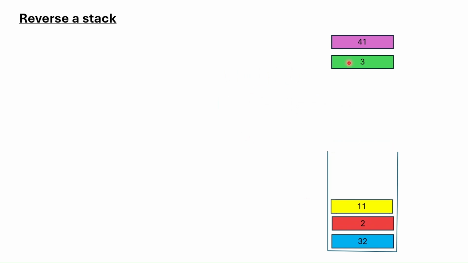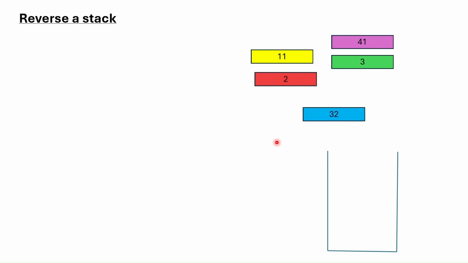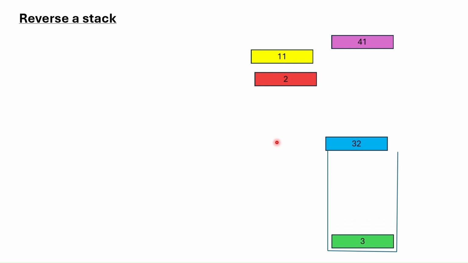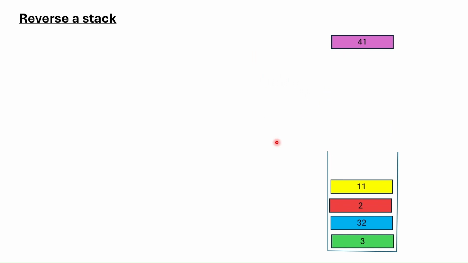Now again, we will push this 3 at the bottom. So look, we pop 11, we pop 2, we pop 3, and then we push this 3. Then we push 32. Now we push 2. Now we push 11. Now again, we will put this 41 at the bottom.